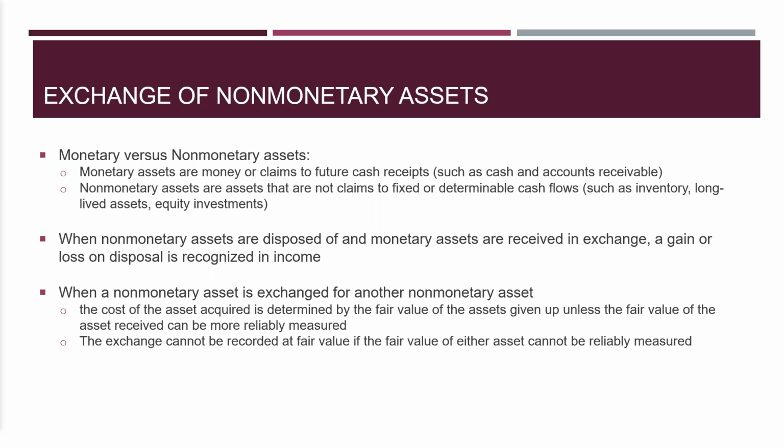When these non-monetary assets are disposed of, and in exchange we get a monetary asset, then a gain or loss is going to be recorded on that exchange. That gain or loss is going to hit your profit and loss. But when a non-monetary asset is exchanged for another non-monetary asset, then we have to look at the cost of the asset acquired.